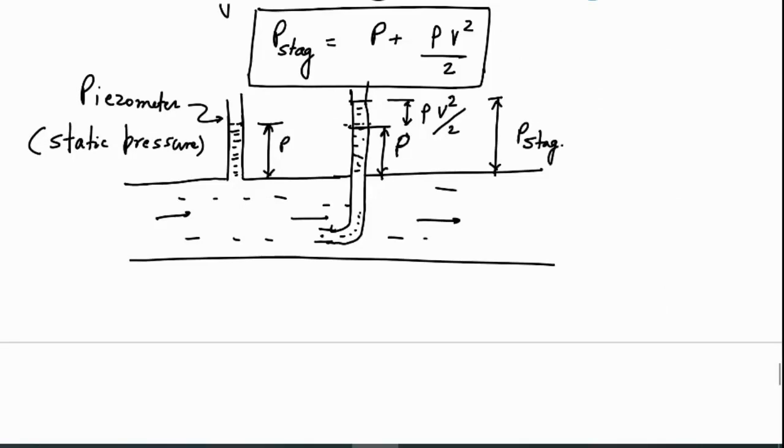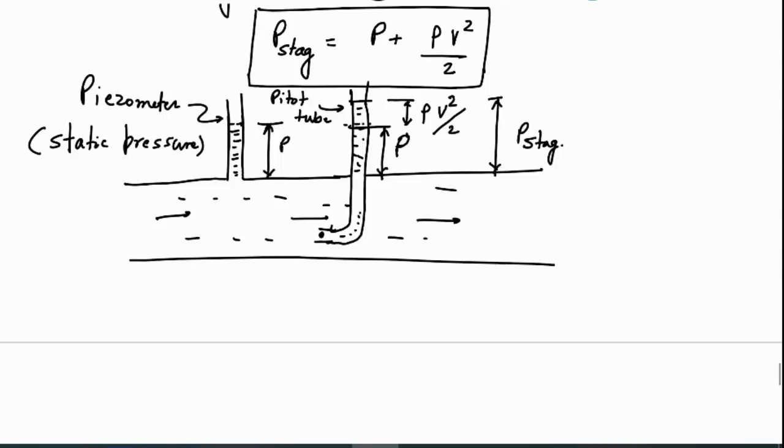It is measured using an instrument called a pitot tube. Why is the water level higher? Because at this point the velocity of the fluid is 0, so the velocity is suddenly becoming 0. That's why it will rise even further.